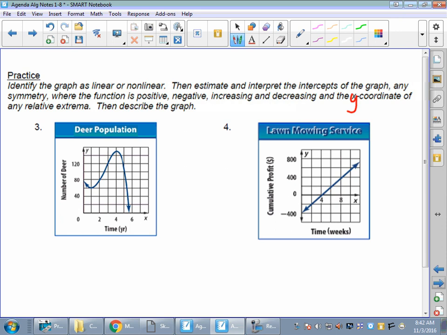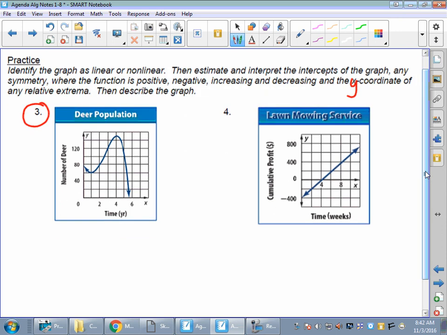So in problem number 3, the deer population. First of all, is this linear or non? Nonlinear. Tell me about the x-intercept. Notice it only gives us quadrant 1, so we're just going to use that as our information. The x-intercept on the x-axis looks like it's about 5.5 to me.